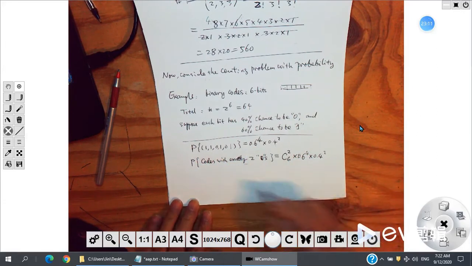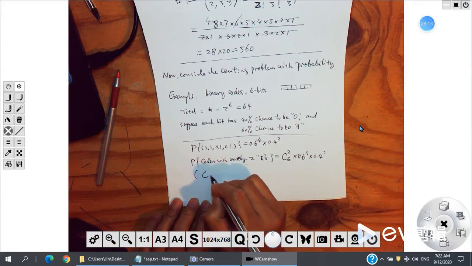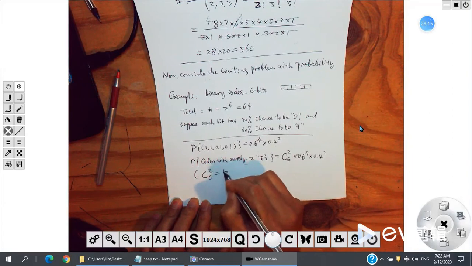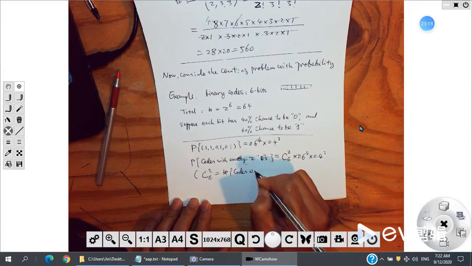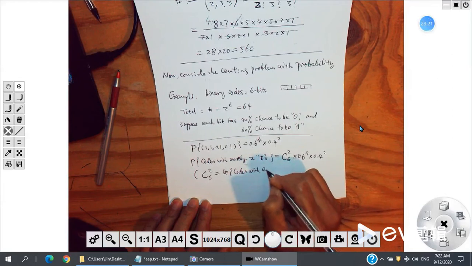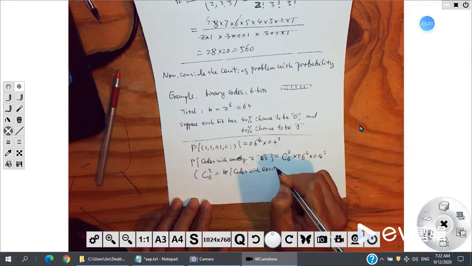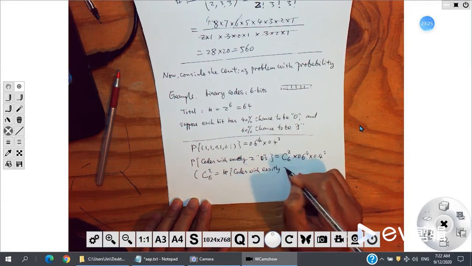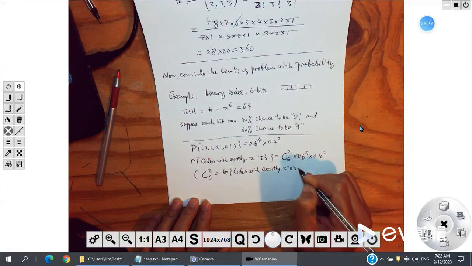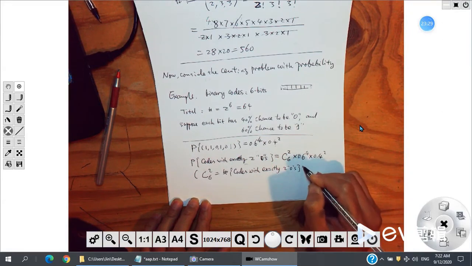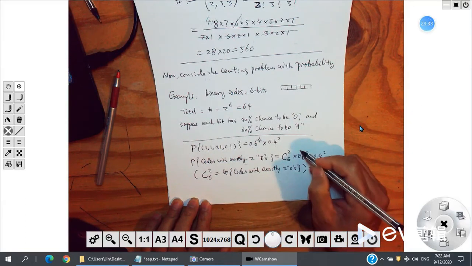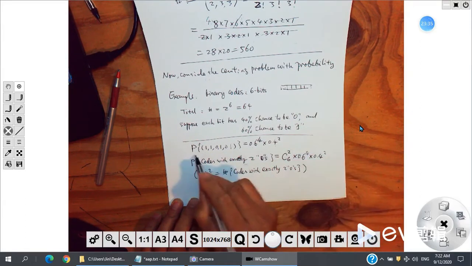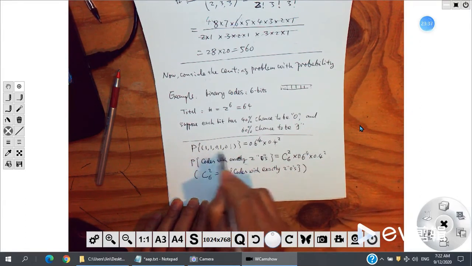Here, C(6,2) is equal to the amount of codes with exactly 2 zeros. So this is the whole amount, and this is the probability of each code like this.